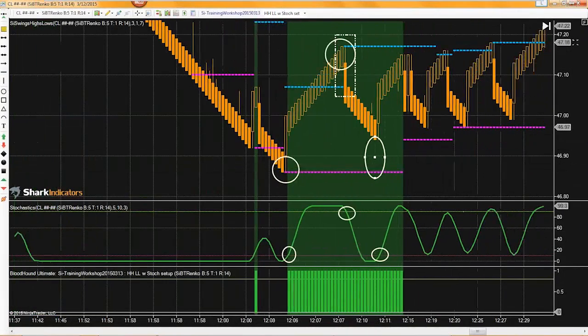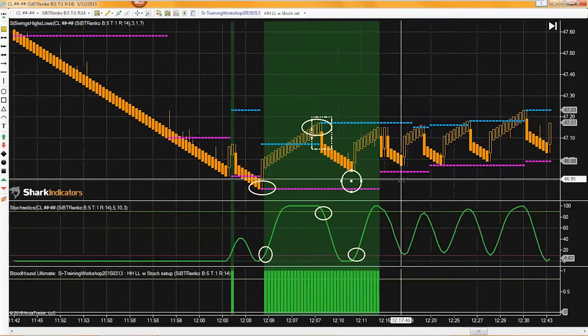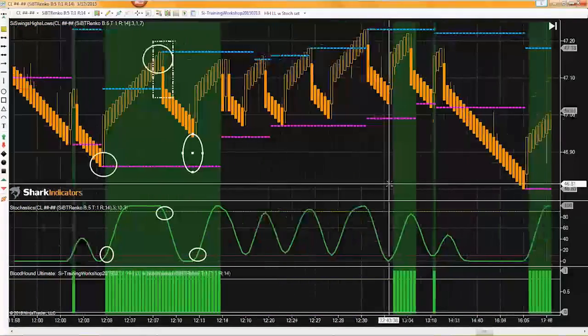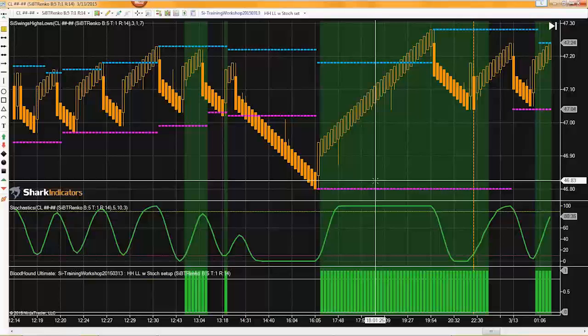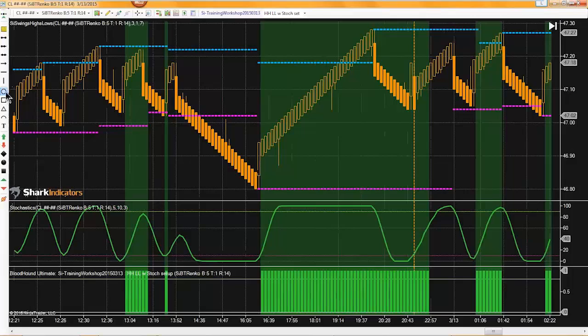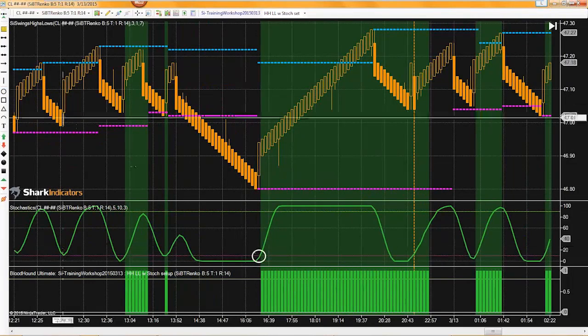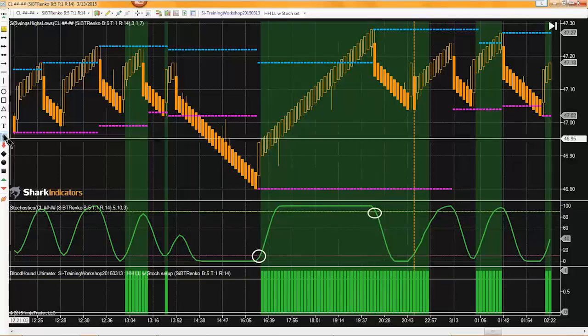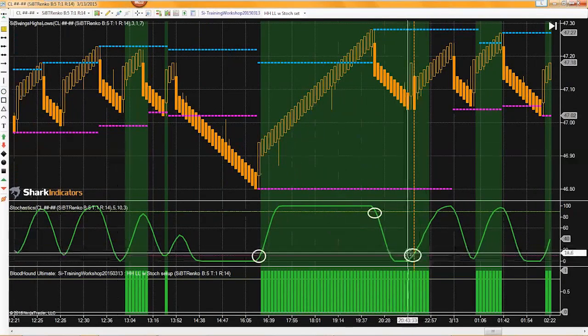So let me scroll back through the chart and look at the other areas here. Yep.